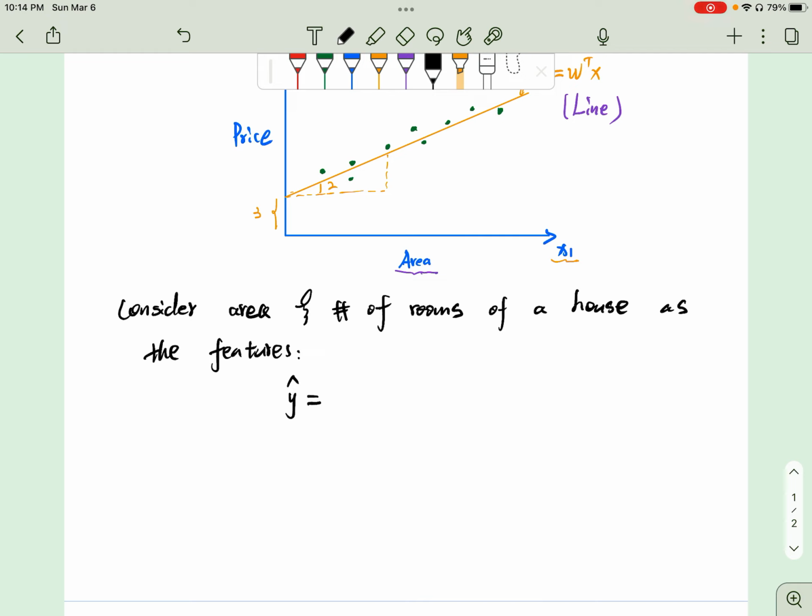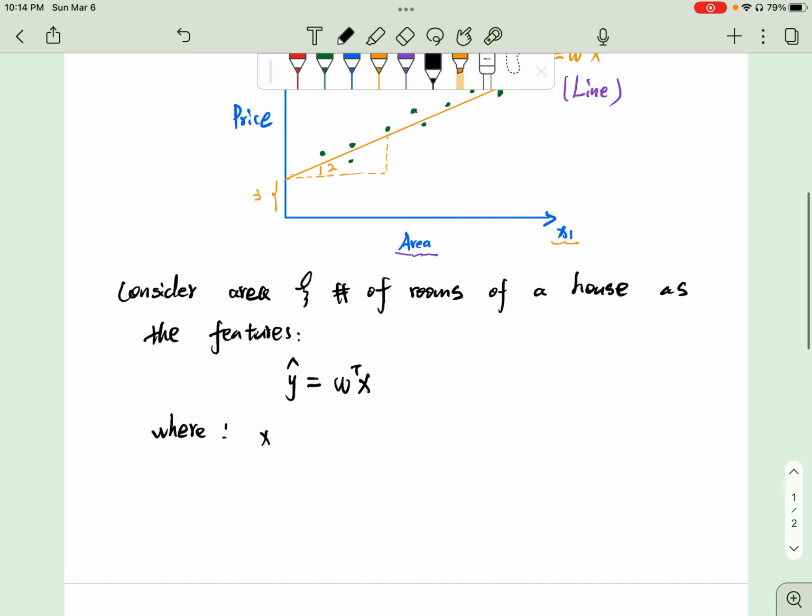Here, y hat is the prediction, and it equals omega transpose multiplied with our feature vector. Here I will tell you what omega and x are. By default, the first entry of our feature vector is 1, because it will be multiplied with the bias term in the coefficients omega.